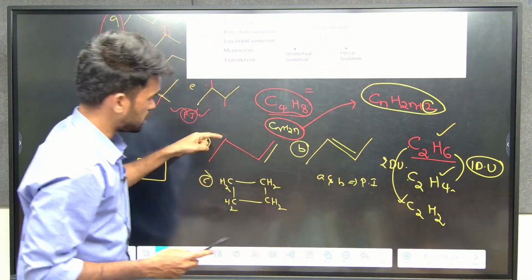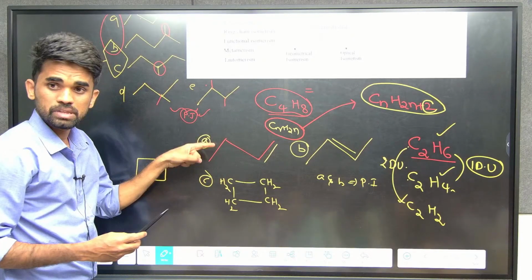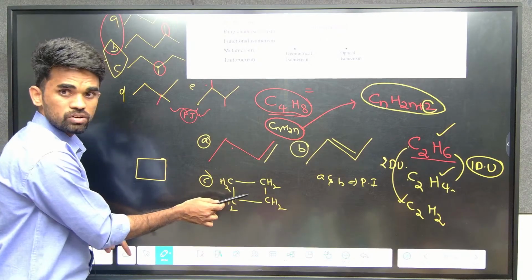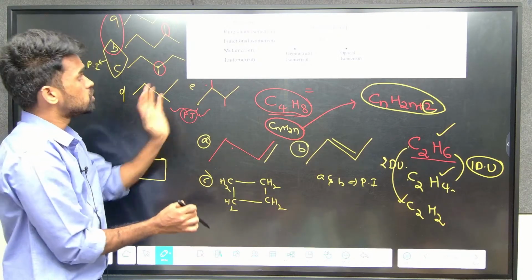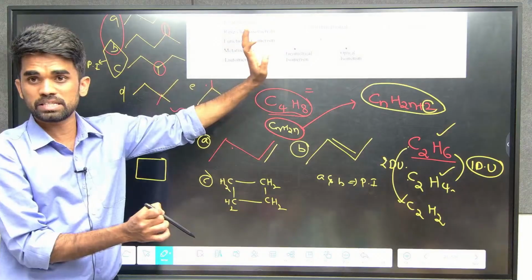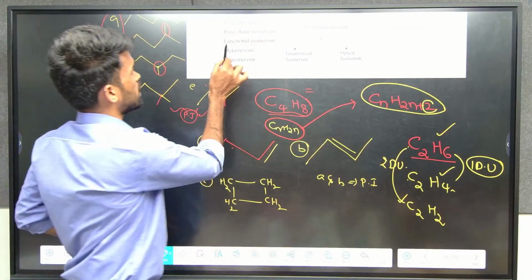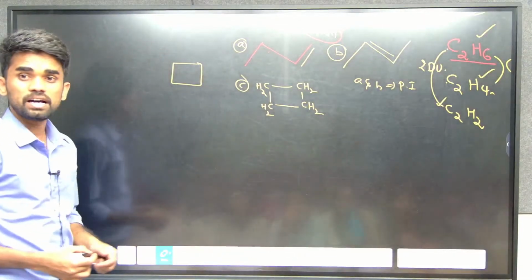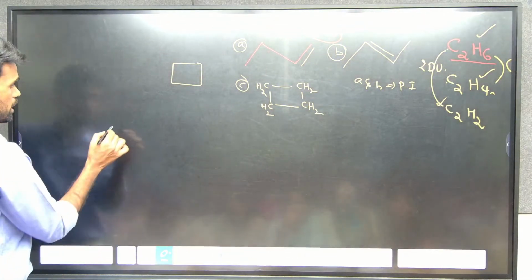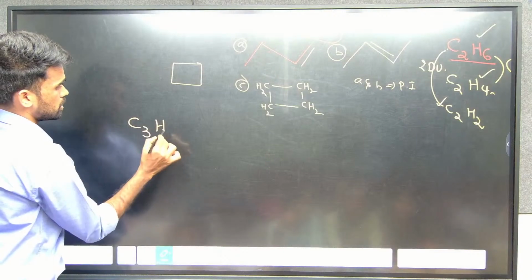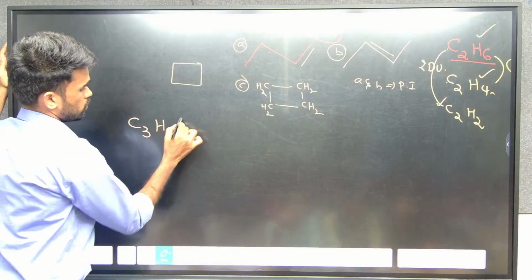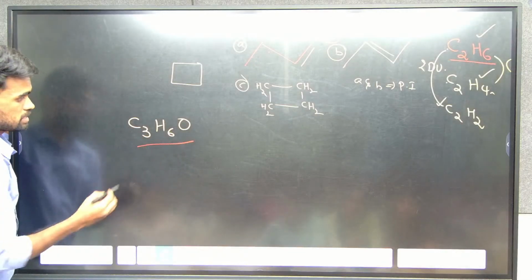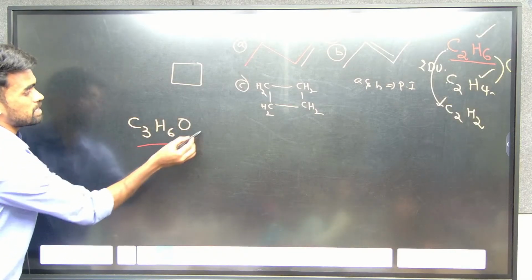So with this, both of them have how many degrees of unsaturation? This is 1 degree, this is also 1 degree. It should be satisfied like that. So you got what we mean by ring chain isomerism? Okay. Next one. Functional group isomerism means what? Difference in the functional group. For example, I am writing C3H6O. With this formula, what is the degree of unsaturation?